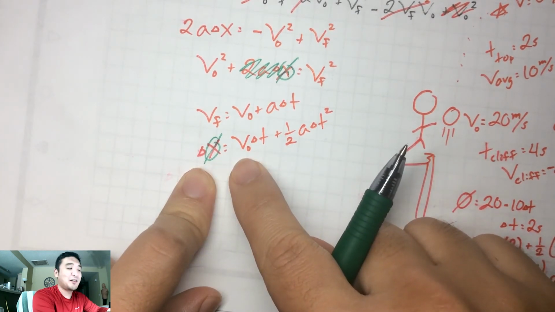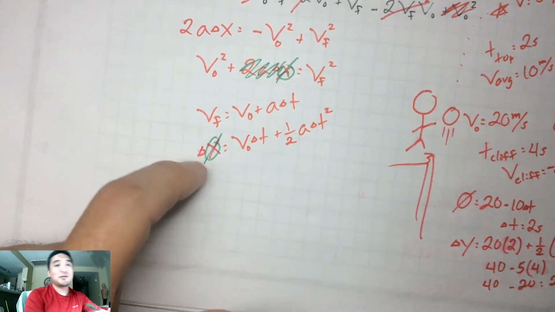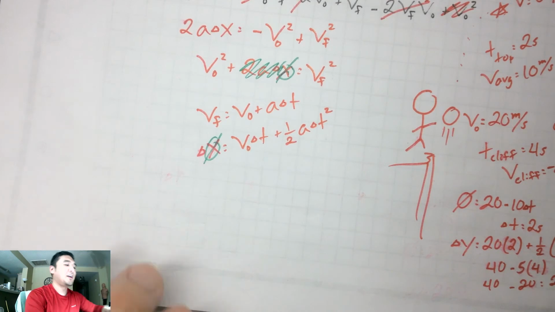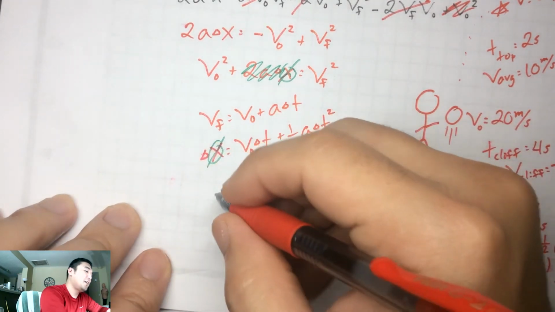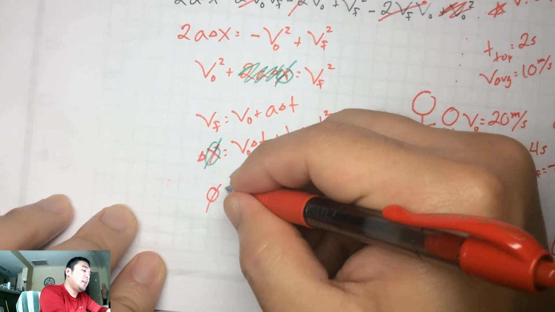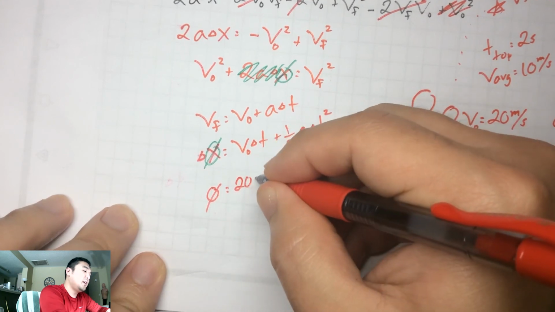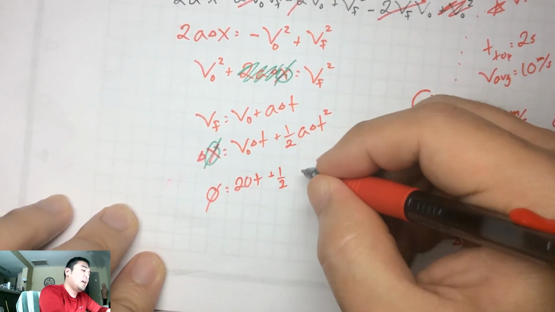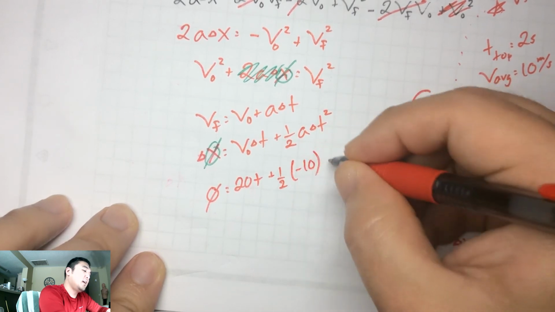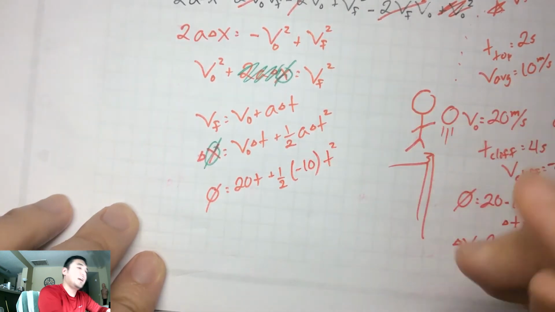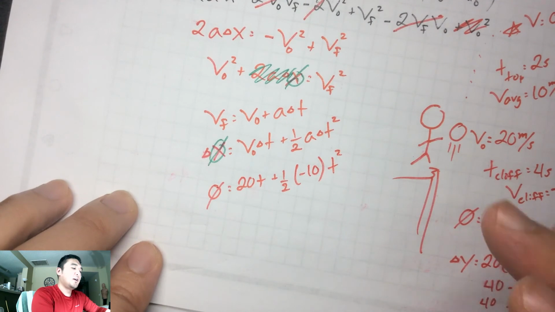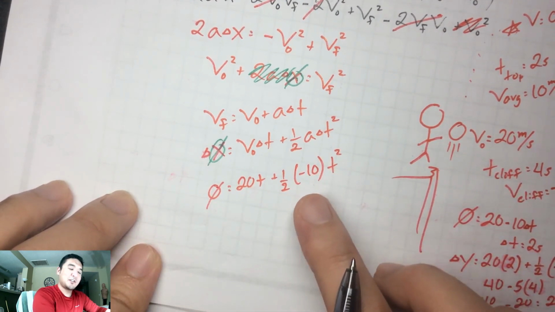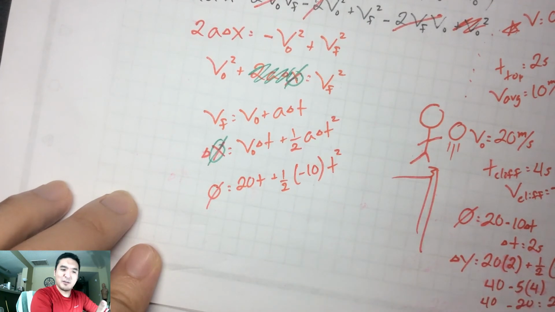20 meters per second. And now we can solve for, let's say, time. How long would it take to get back to the same position? And so we have 0 is equal to 20, time is unknown, plus 1/2, a is -10, and then we have this time again that is unknown. Well, let's go ahead and move this over there. We're going to change the -10 to -5 because it's divided by 2.